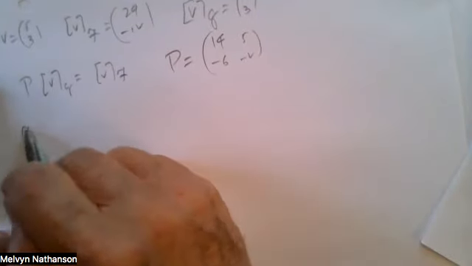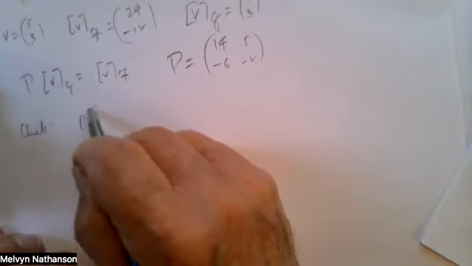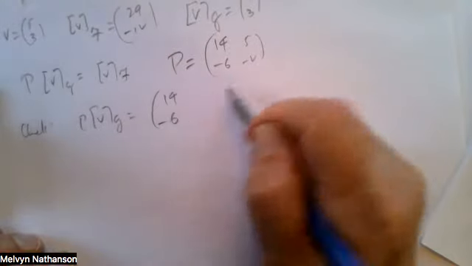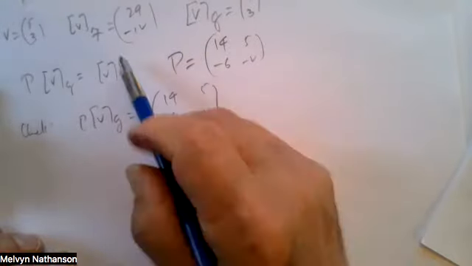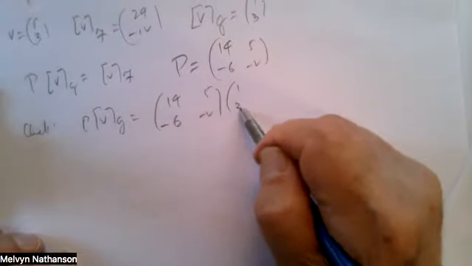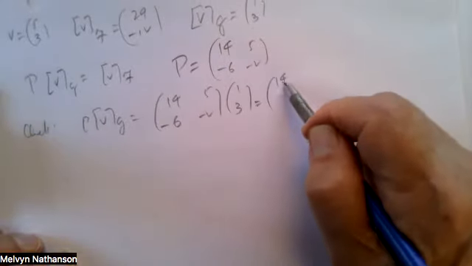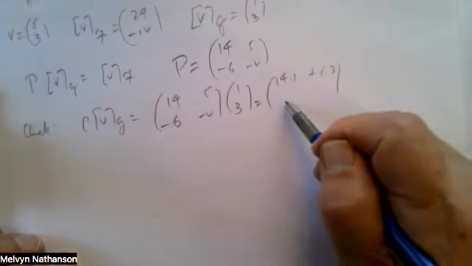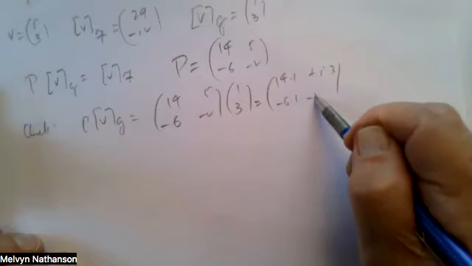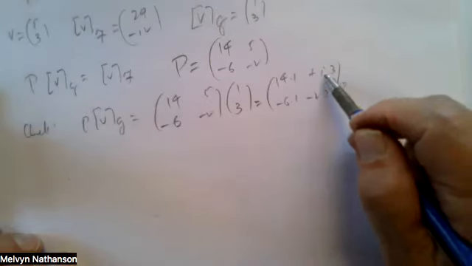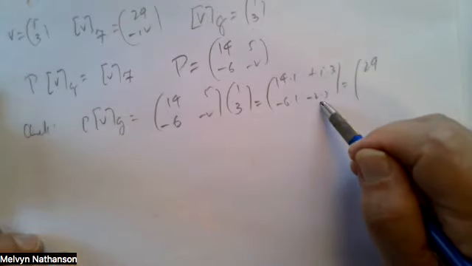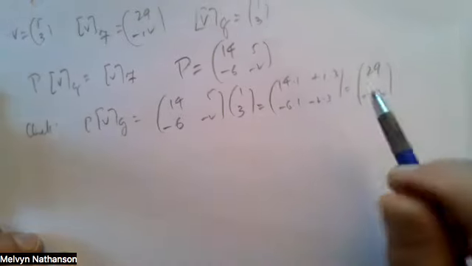So let's check. We have to check this equation. So P times the coordinate vector of v with respect to G is 14, minus 6, 5, minus 2, applied to the vector 1, 3. That's 14 times 1 plus 5 times 3, minus 6 times 1 minus 2 times 3. That's 14 plus 15 is 29. Minus 6 is minus 12.